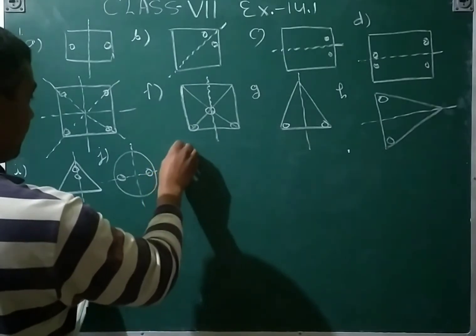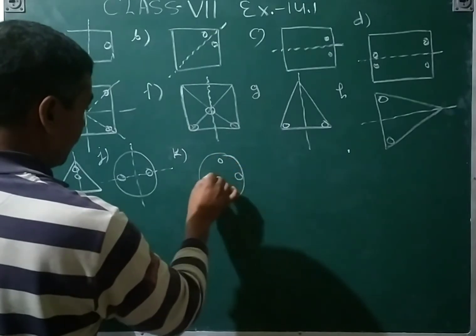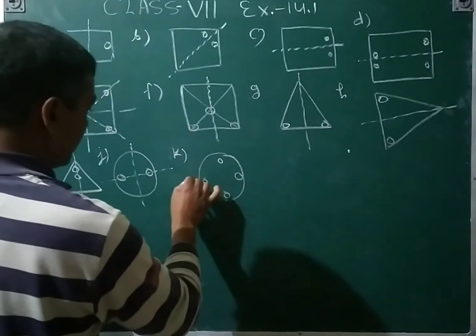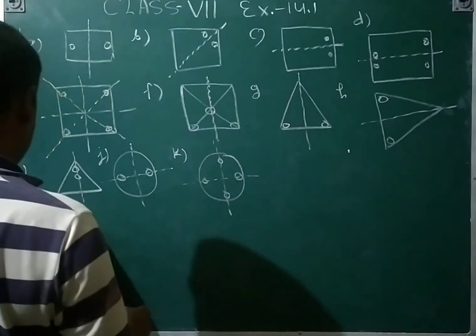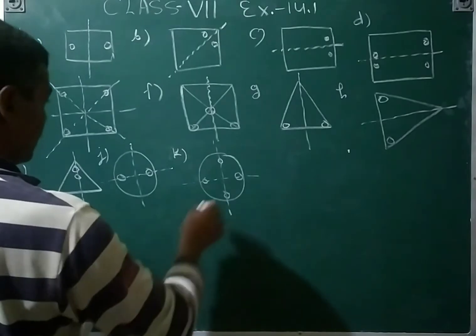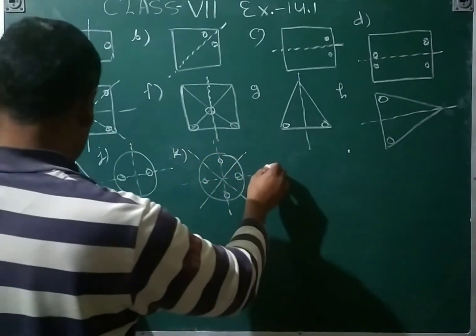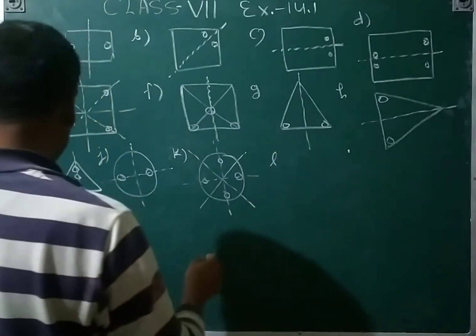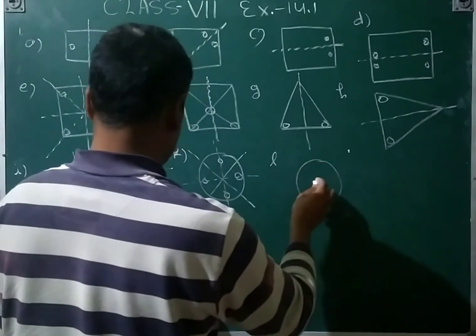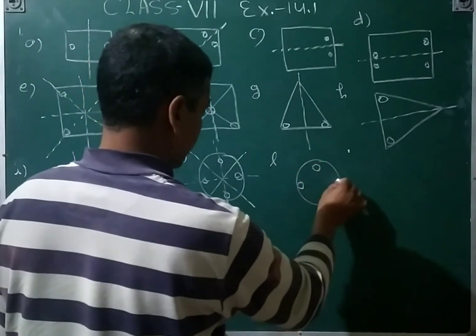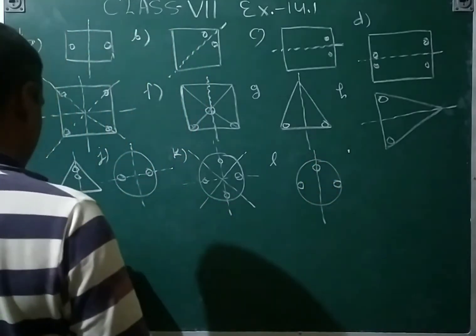K part: one circle is given and four zeros are given, so that will be 1, 2, and this one we will write also, and this one also. Okay. L part: a circle is given again, and one 0 is there, so this one is the only symmetrical line.